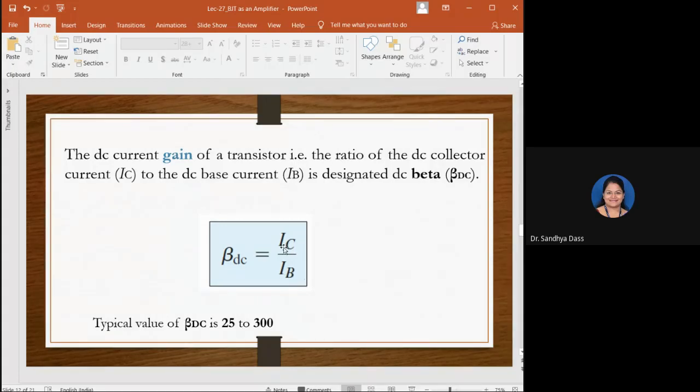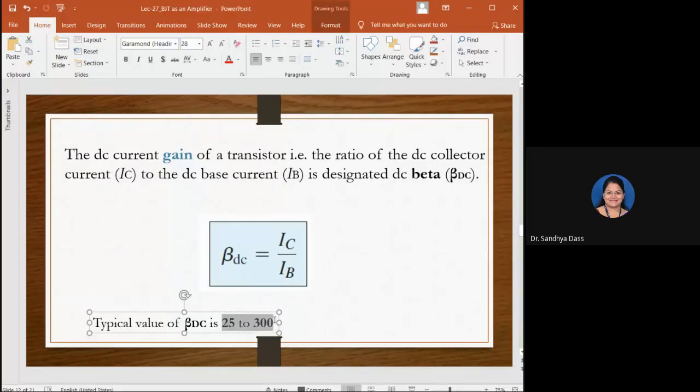And what is our collector current in common emitter configuration? Collector current is the output current, and base current is the input current. Are you with me? So beta is defined as base to collector current gain, given by the ratio of collector current to base current.